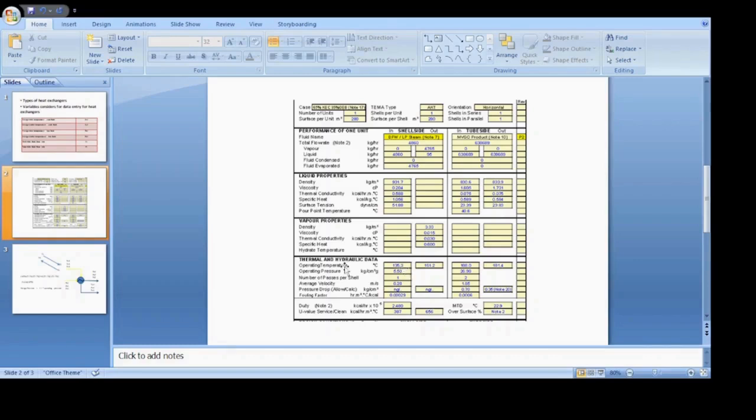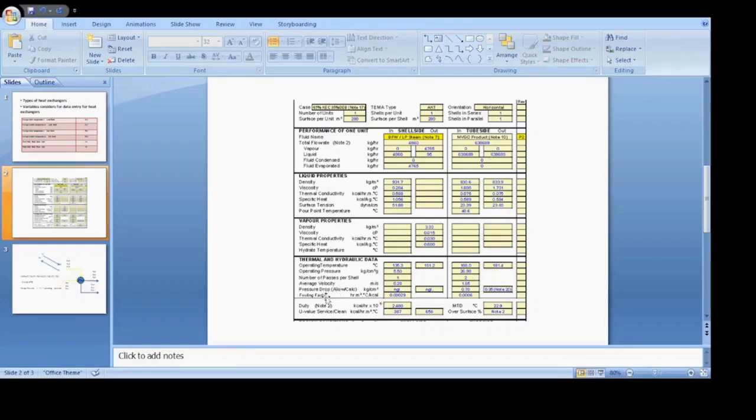Then here you can see the operating pressure, operating temperature that we have to consider. Again, as I said previously, when we are dealing with the design case, we have to consider the design parameter equal to 1.1 into operating parameter. So these factors, the operating temperature, inlet outlet for the shell side, and inlet outlet for the tube side are important.